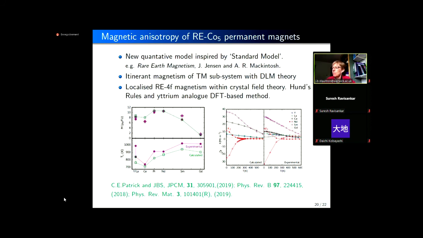So let me just point out a few features. So there's the samarium is the winner, as we found. We found we're overestimating the cerium. Cerium has still quite a sizable value, and the rest are fairly well described.